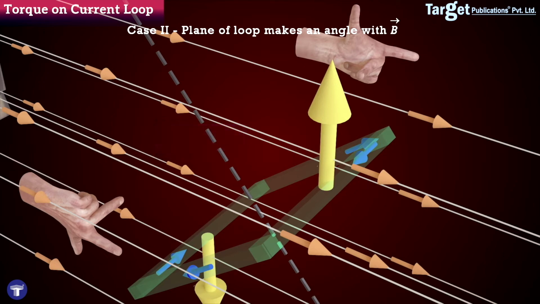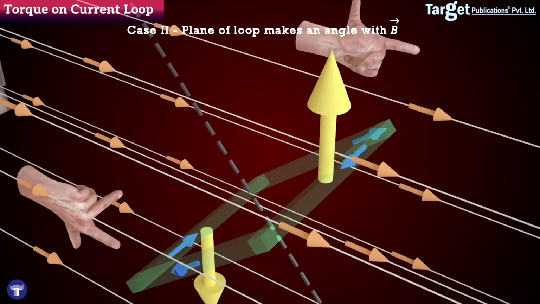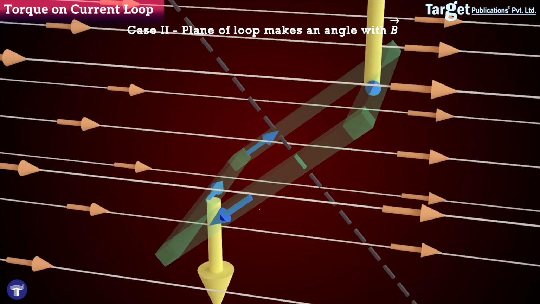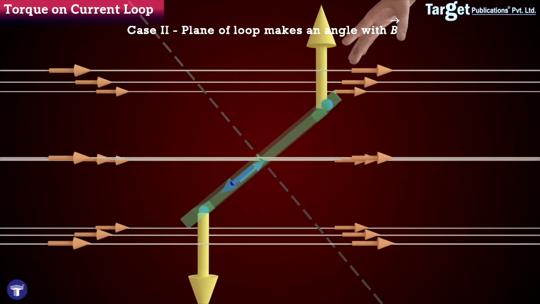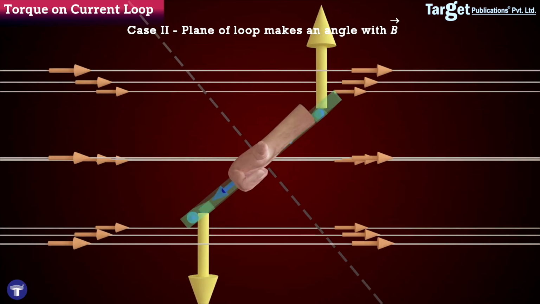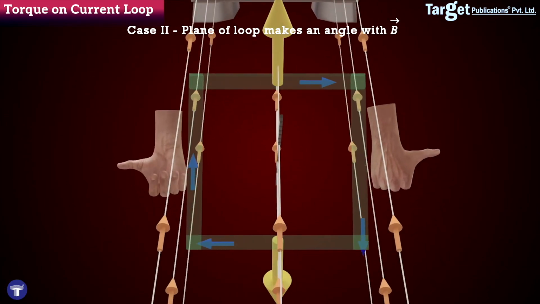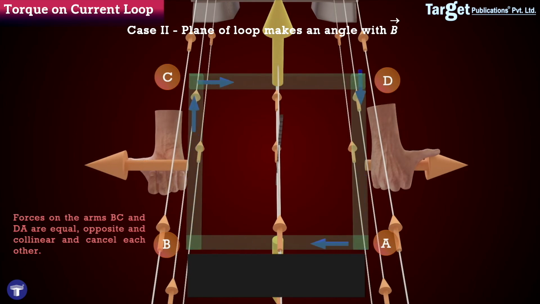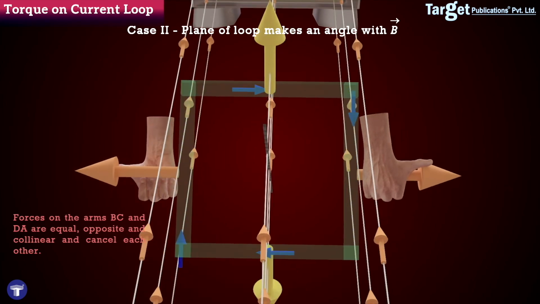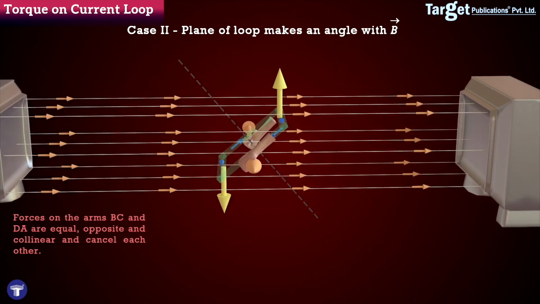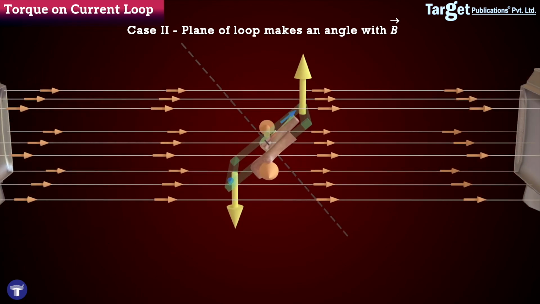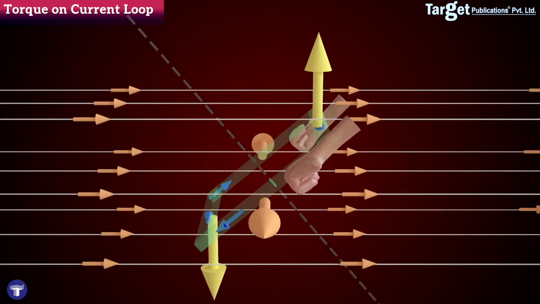Thus, similarly, they will still result in a couple. However, the forces acting on the arms BC and DA are equal and opposite as well. But here, these forces act along the same line. Because they are collinear, they cancel each other, resulting in no net force or torque. Thus, as in the previous case, the torque tends to rotate the coil.